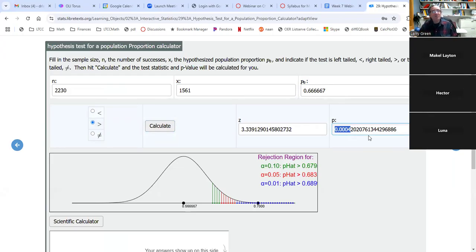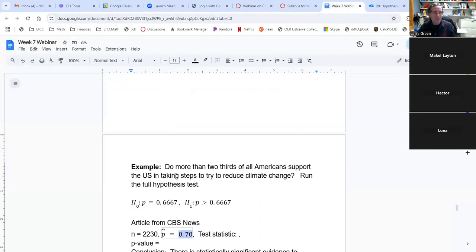And to save time, I think I'm just going to say the conclusion. There is statistically significant, in fact, there is strong statistically significant evidence, because p-value is less than 0.01, to support the claim that more than 2/3 of all adult Americans support the US in taking steps to try to reduce climate change.